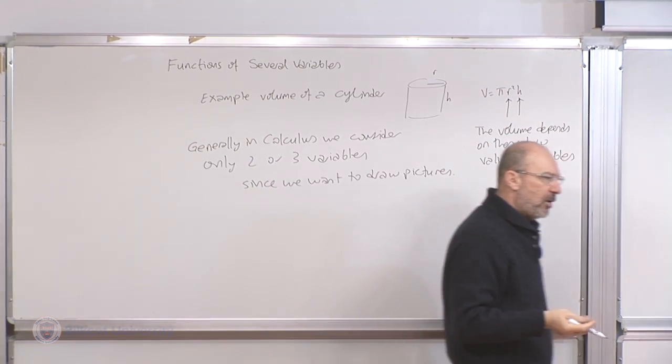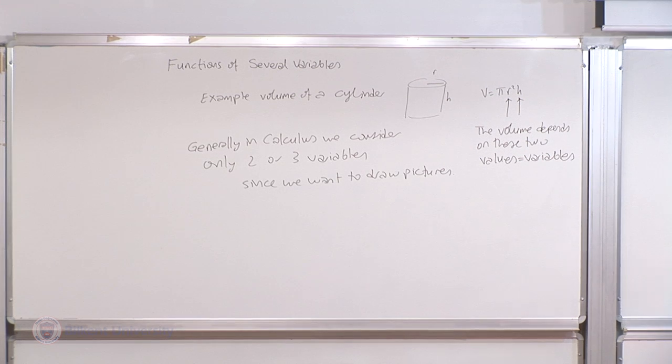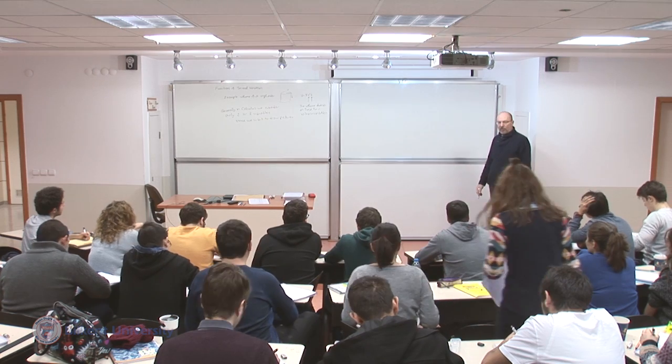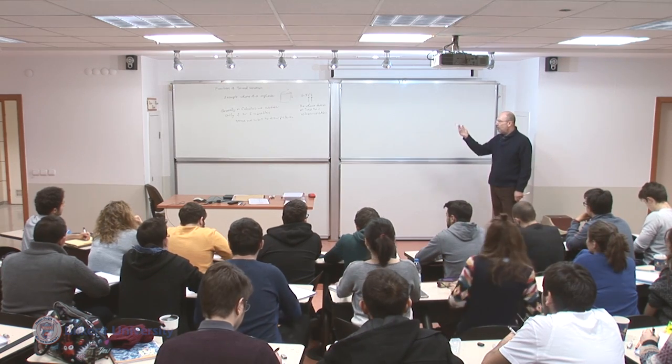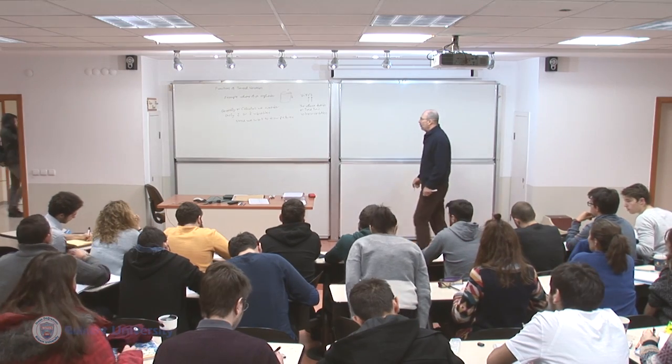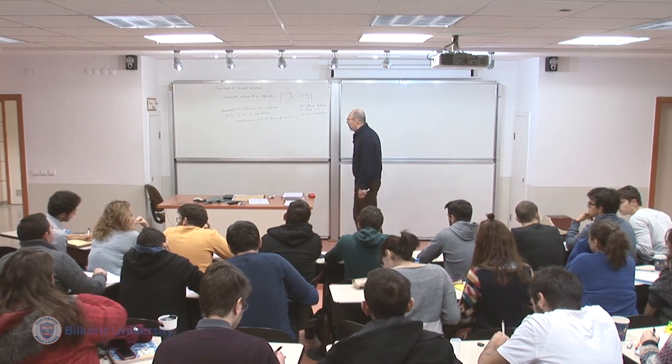But the techniques we develop, at least the spirit of the techniques, hold for any number of variables. If you go beyond three variables, you cannot draw a picture. And even with three variables, sometimes we will not be able to draw a picture.